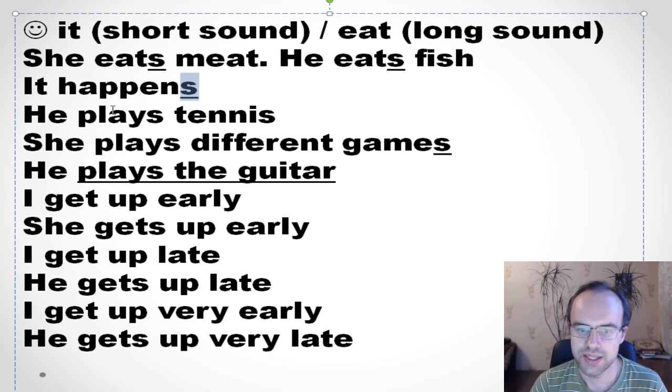He plays tennis. She plays different games. He plays the guitar. We say play the guitar there. Play the guitar. I get up earlier.